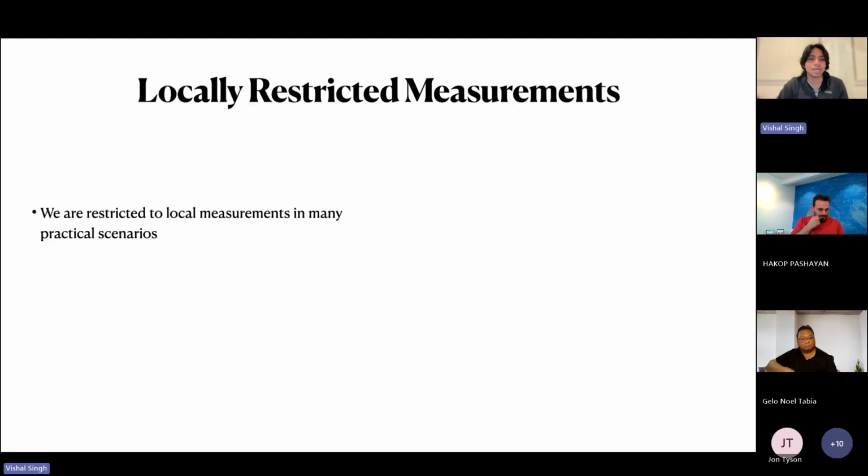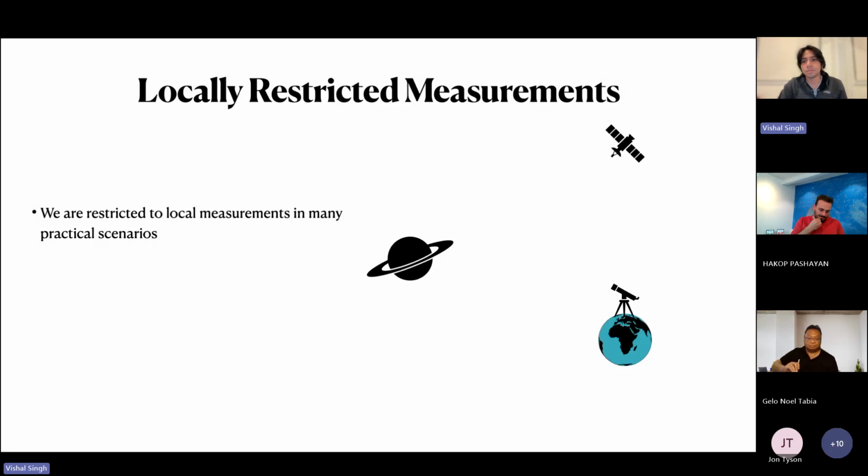So, for example, in real life, many times we are restricted to local measurements only. You can consider a situation like this, where there is a telescope on Earth, and a telescope on some satellite that is orbiting the Earth, so very far away, and we're looking at some faraway planet.